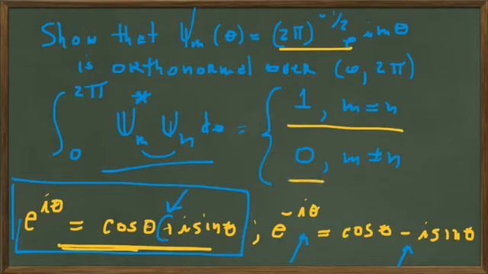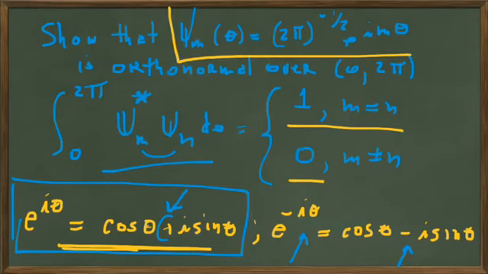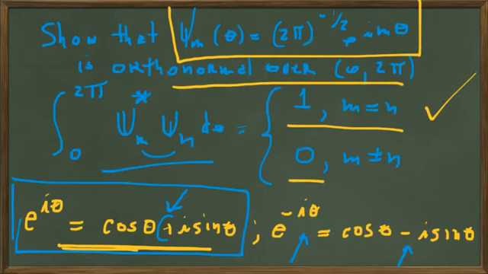So we actually showed that this function psi sub m is orthonormal over this interval, because we showed 1 when n equaled m and 0 when n did not equal m. So that concludes this video, and it is the last video on operators.